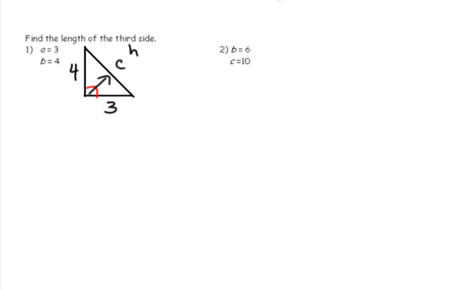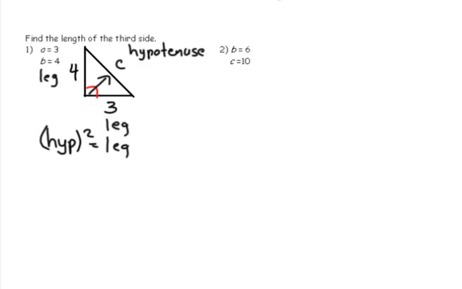So C is going to be the hypotenuse. And we have here a leg and here another leg. So our formula is the hypotenuse squared equals the sum of the squares of the legs.